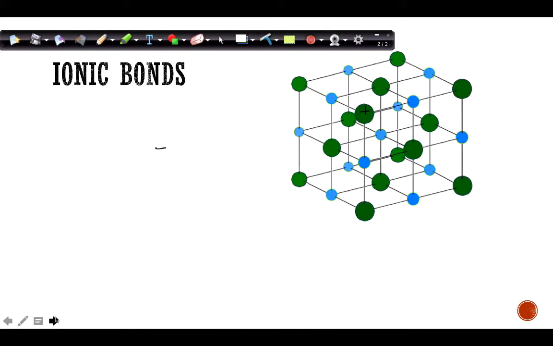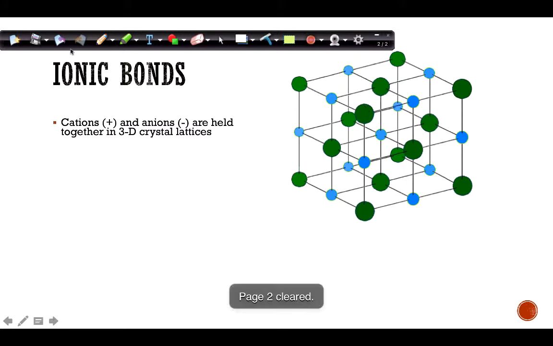Okay, so when we're looking at an ionic bond, we have cations, which are positive, and anions, which are negative, held together in this crystal lattice structure. So when I have this crystal lattice structure, I have an arrangement of positive and negative ions. The positive ions will be surrounded by the negative ions.